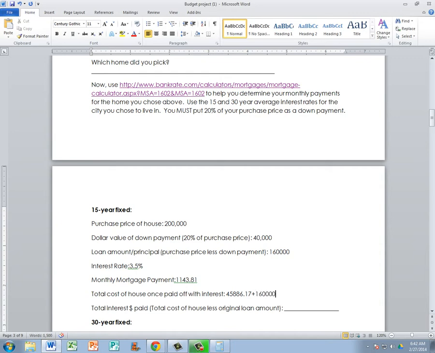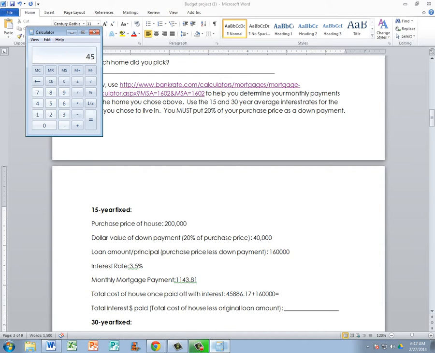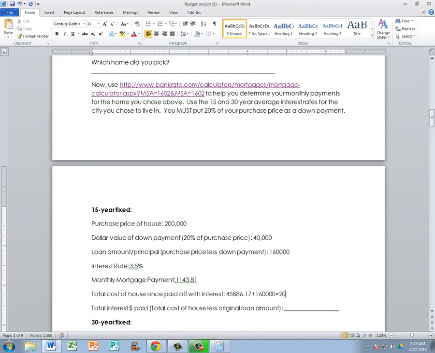Okay, so if I add those two up on my calculator, $45,886.17 plus $160,000 equals $205,886.17.